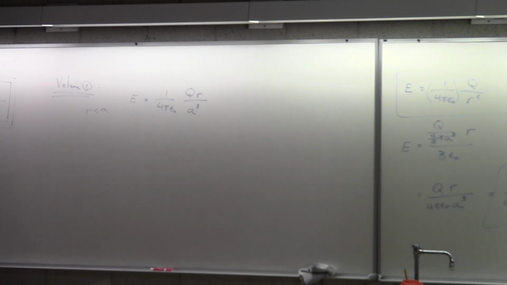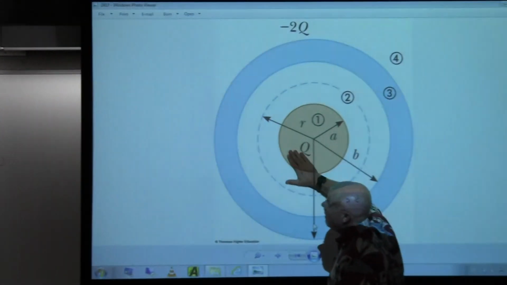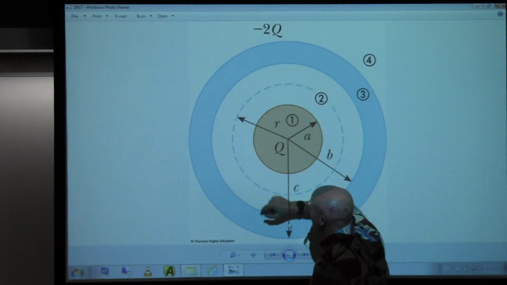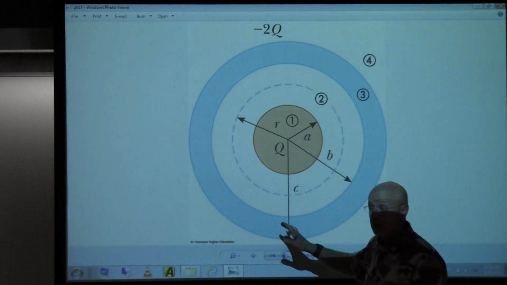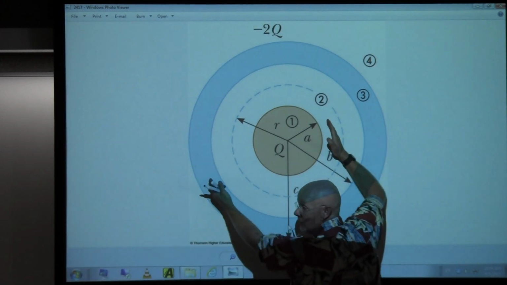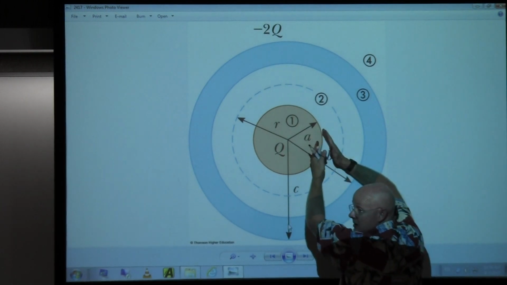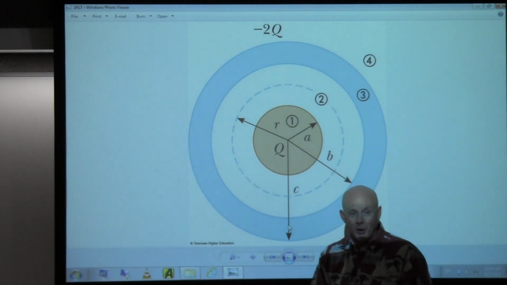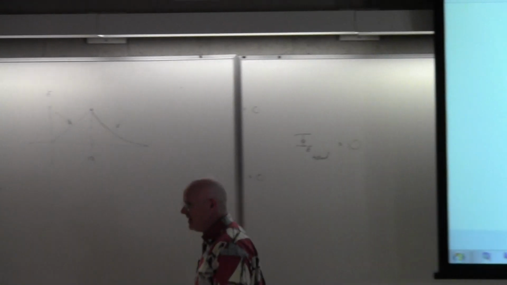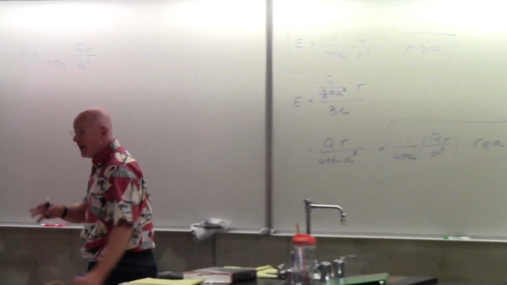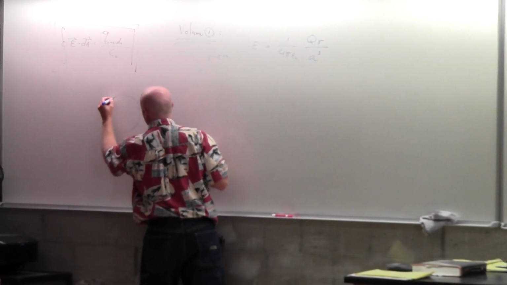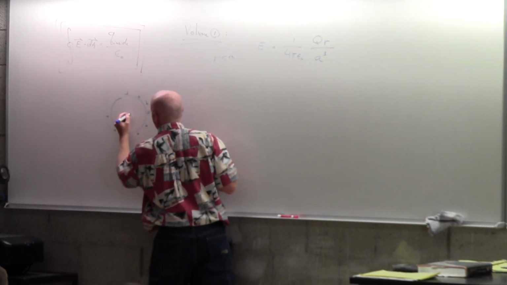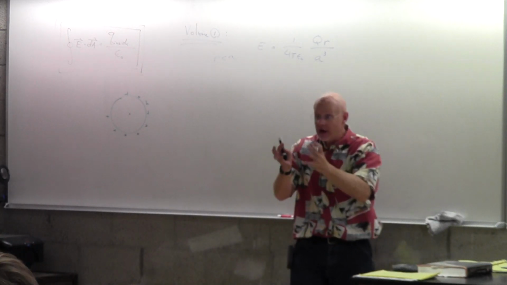Because look at this. Let's just say this brown ball wasn't here, and you are standing somewhere inside of the blue shell. Wouldn't you get an electric field from this side as well as this side? And if you're in the center, you'll say, oh, those are easily going to cancel off. But I'll do you one better. Anywhere inside of that shell will cancel off. If I draw a shell and put a bunch of charges on it, most people see right away that the center of the shell is going to cancel.